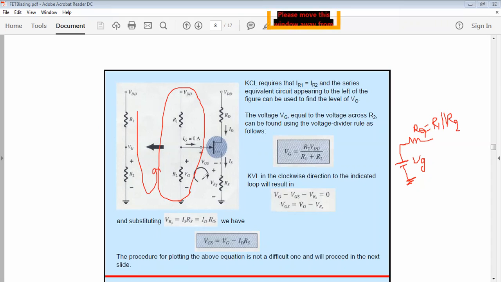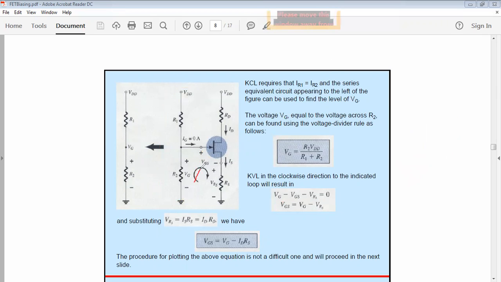Now apply KVL to the base loop. What is the KVL equation? VG minus VGS minus VRS is equal to 0.